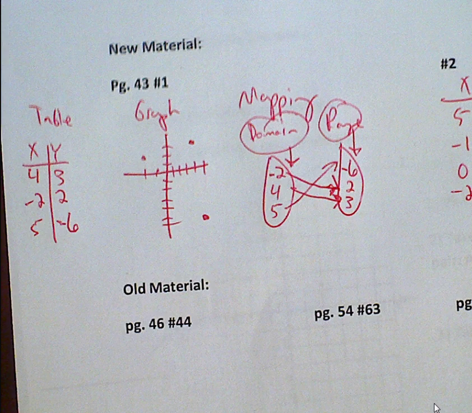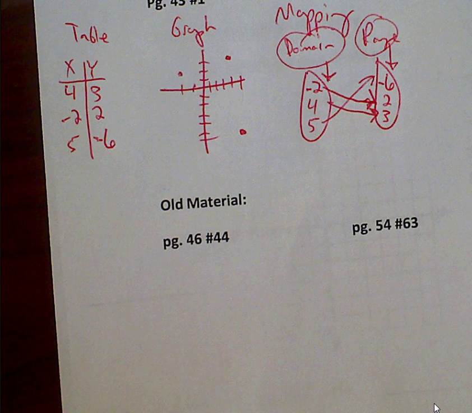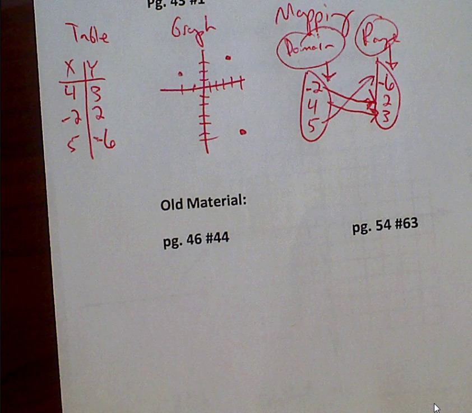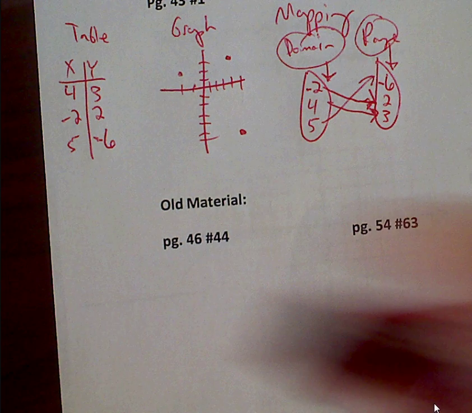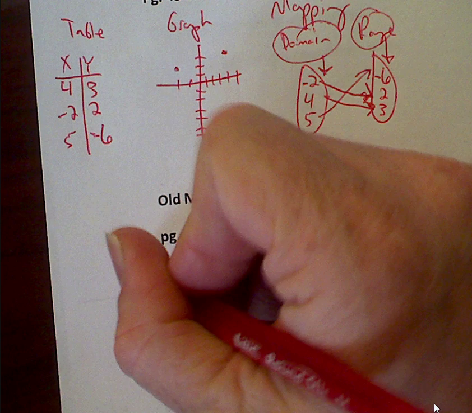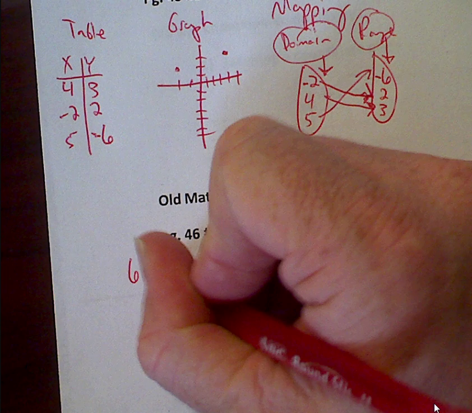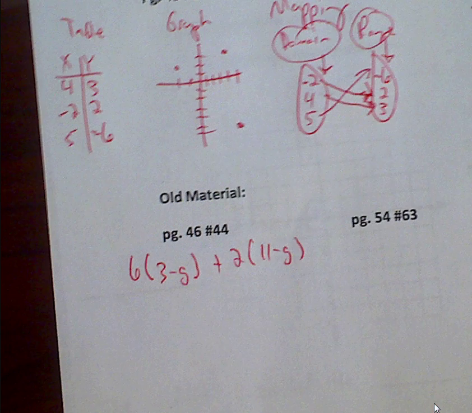Okay. Old material, page 46, number 44. Go ahead and pause the video and try. Number 44, I have 6 times (3 minus g), plus 2 times (11 minus g).